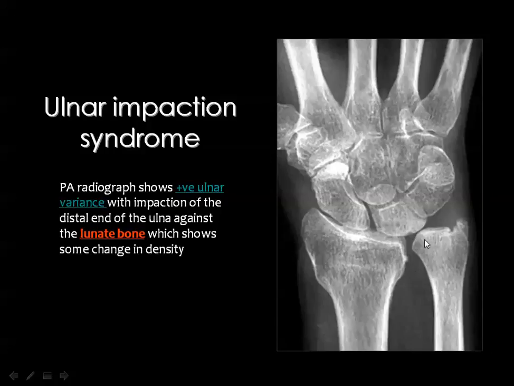Then, positive ulnar variance may result in tear or degeneration of the triangular fibrocartilage, and also degenerative changes in the facing portion of the lunate bone. And if this happens, this will be known as ulnar impaction syndrome or ulnar abutment syndrome.